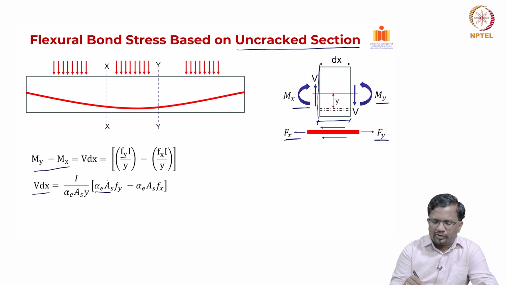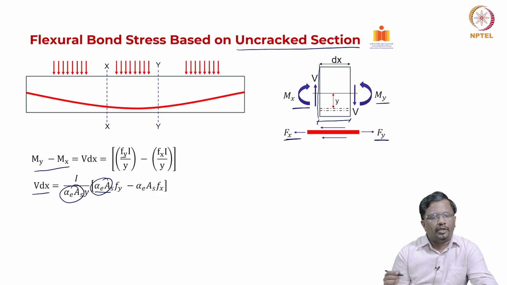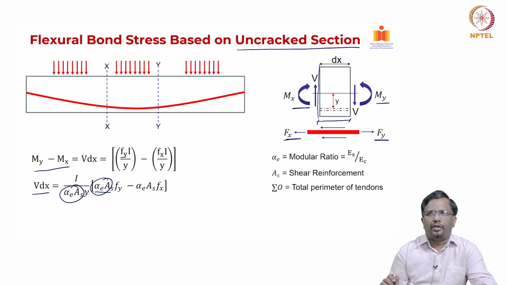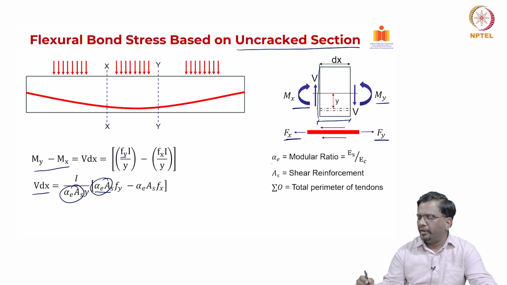All I am doing is multiplying both sides by this. It is consistent. Only then can I develop a simplified expression in terms of parameters that I have in hand.